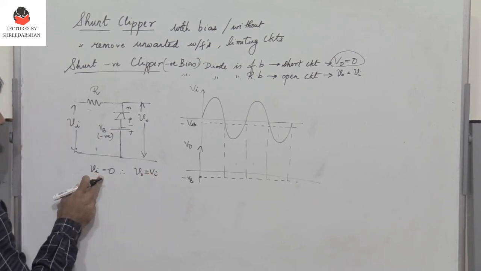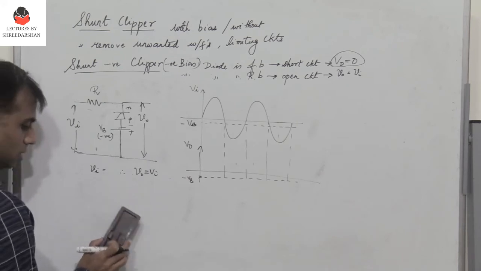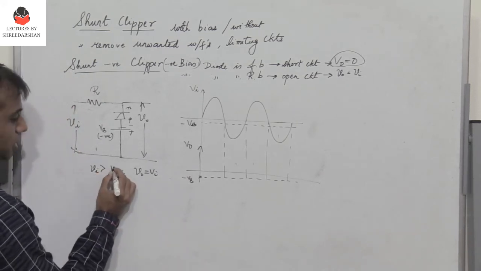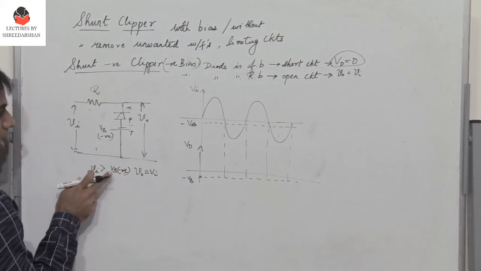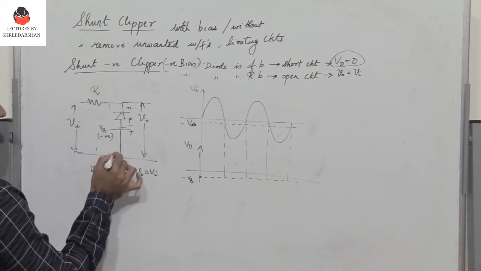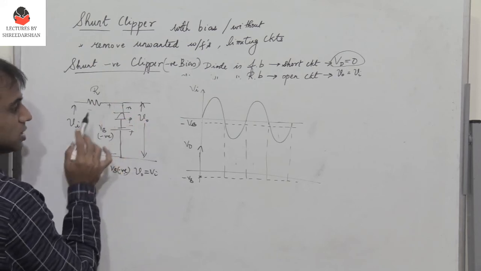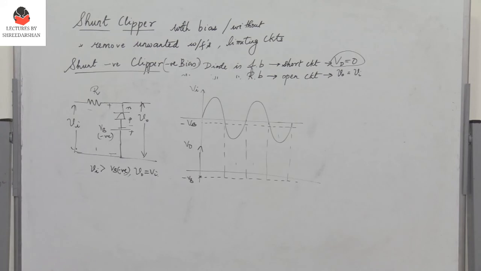Now what happens when Vi is greater than VB? It is greater than VB, which is negative. This is of course plus minus, so the diode will remain reverse biased because positive is connected to N. Therefore the output will follow the input Vi.